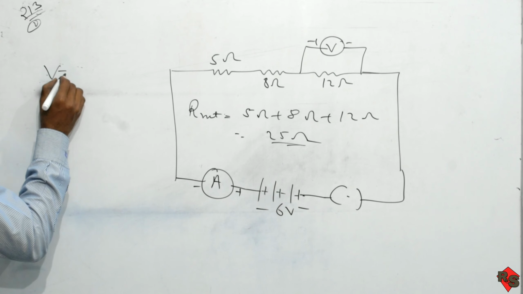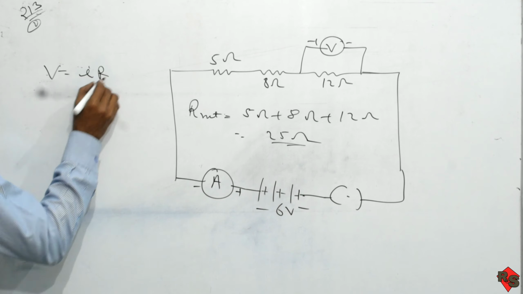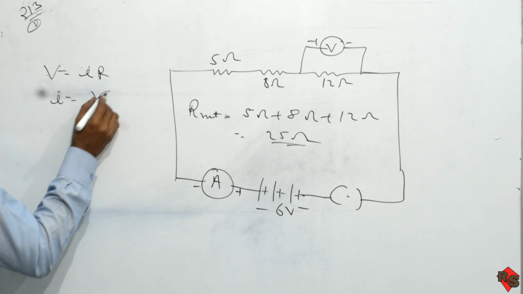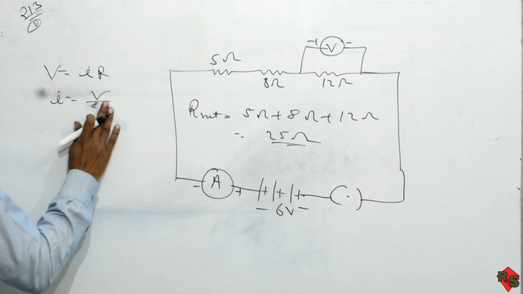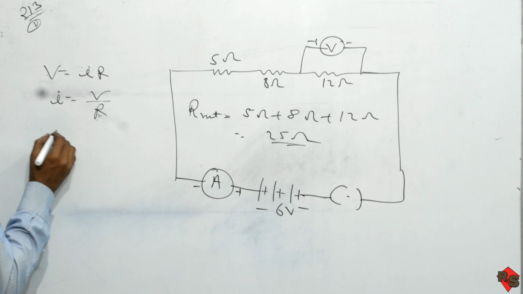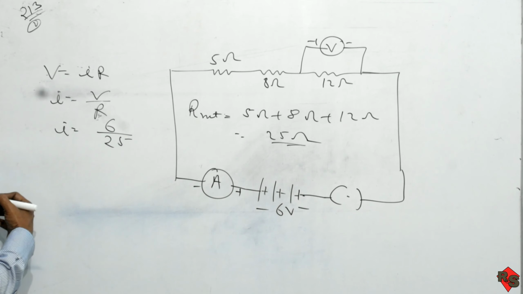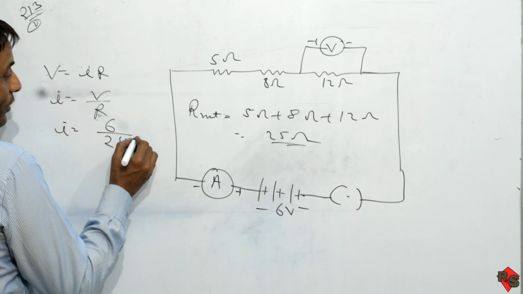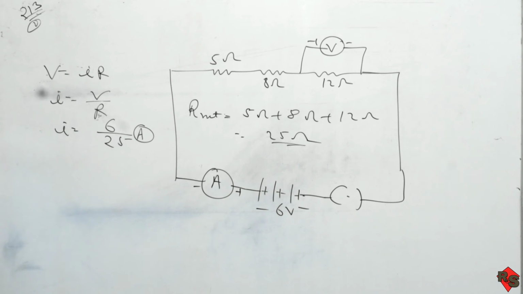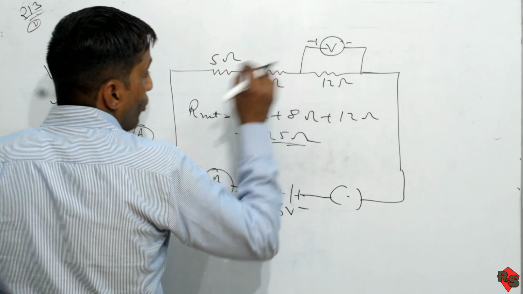We know V is equal to IR, so I is equal to V by R, which is 6 by 25 ampere. So the ammeter shows a reading of 6 by 25 ampere.